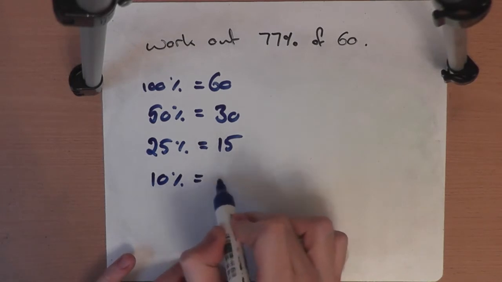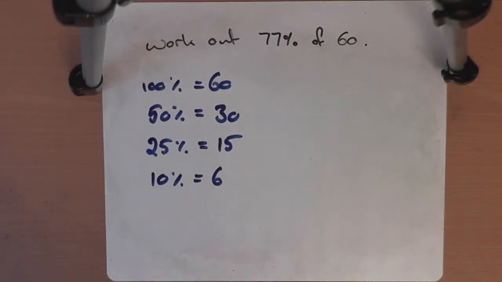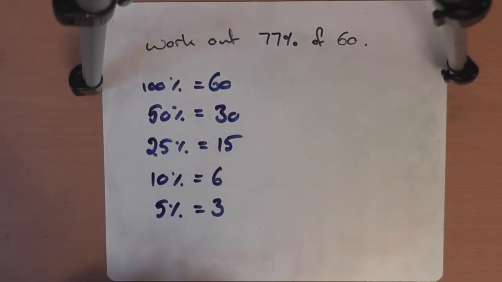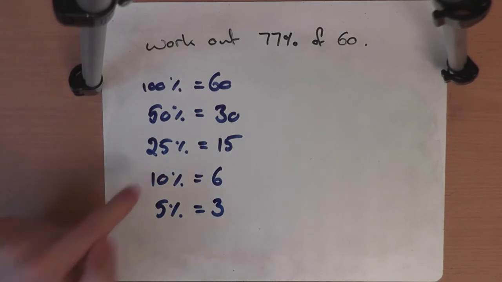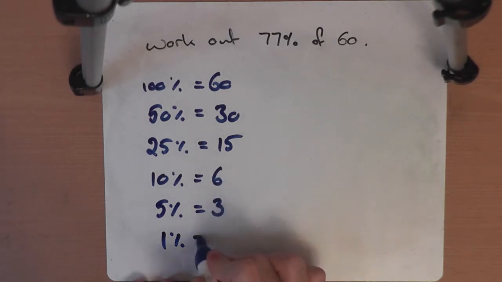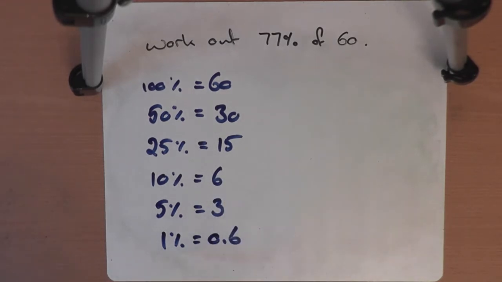Which means 60 divided by 10 is going to be 6, and 10% will be 6. We could halve that to find 5%, so 5% will be 3, or from the 10% we could find 1%. We need to do 10% divided by 10 to give us the 1%, so 6 divided by 10 will be 0.6.